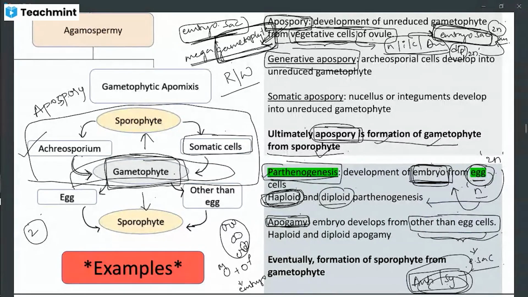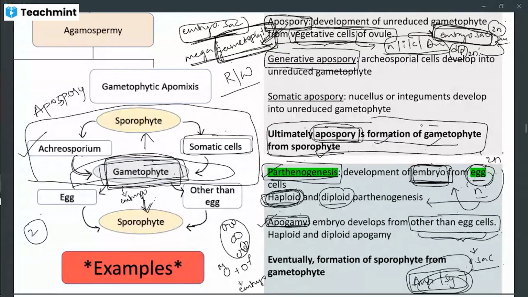Both parthenogenesis and apogamy generally start from the gametophytic stage and eventually develop into your embryo. The embryo directly leads to the formation of your sporophyte. See, these are two important questions that will be frequently asked in JRFs. One is the formation of the gametophyte from the sporophyte; it is simply apospory.